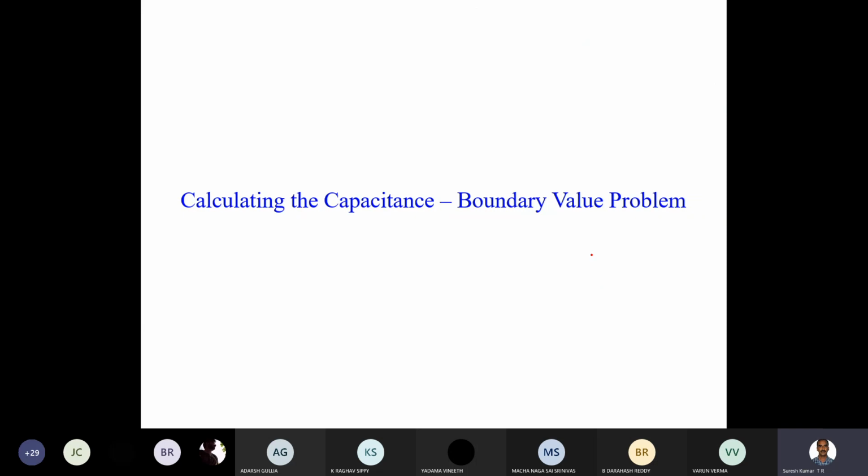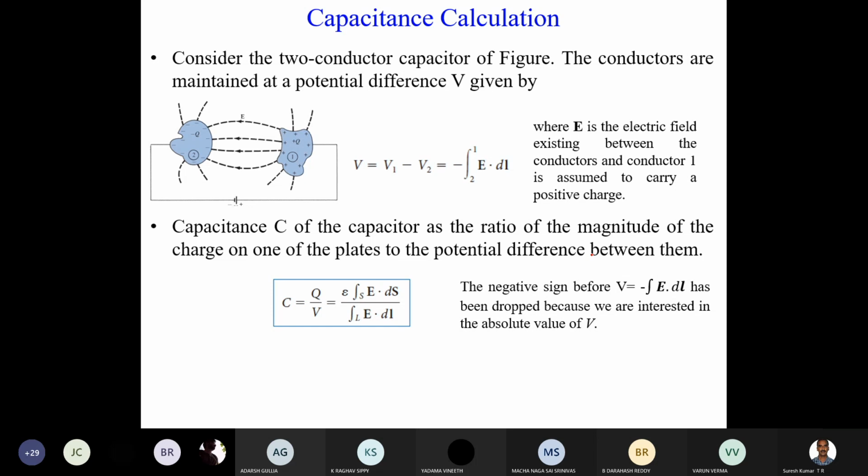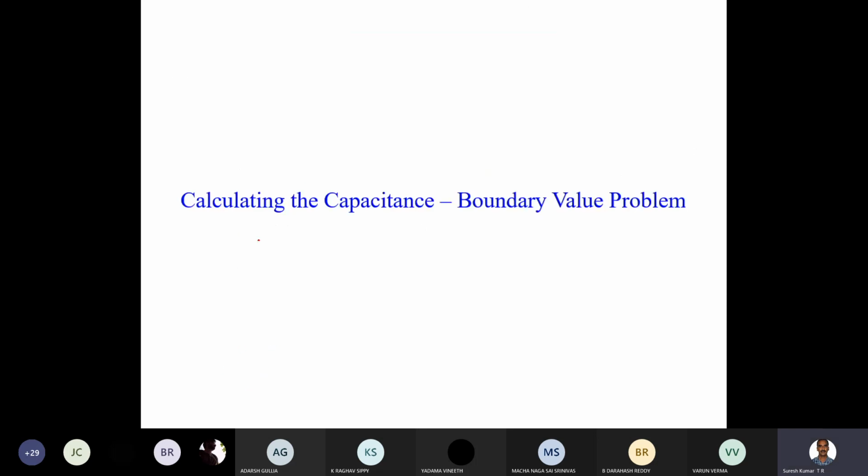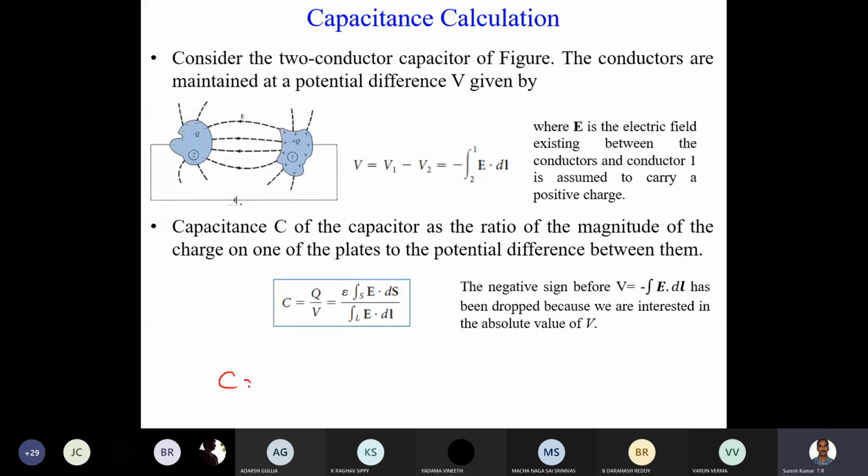So calculating the capacitance using the boundary value problem approach. So this is obviously C equal to Q over V, where V equals the integral of E dot dl. So if you know electric field, obviously from the potential you are going to calculate electric field, you can calculate capacitance. How to calculate capacitance?